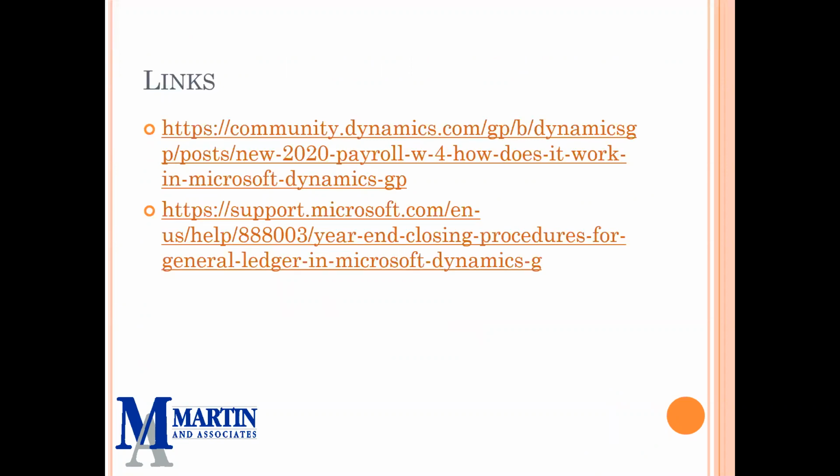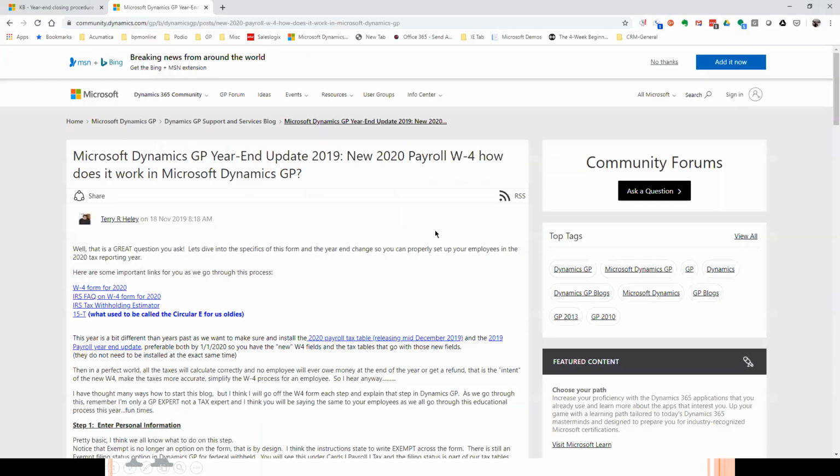Okay, so like I said, in our slide deck, we have the links to the W-4 information for GP's payroll, and we have a link to the year-end closing procedures, and I will show that link to you quickly. So that's the W-4 one.